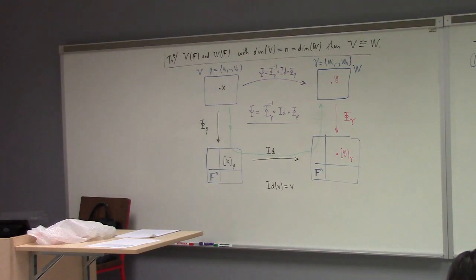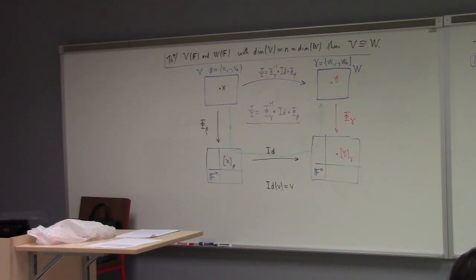If we let left multiplication by A on x be equal to AX for any A in F^(m by n) and x in F^n, so this is the left multiplication by A map, all right?